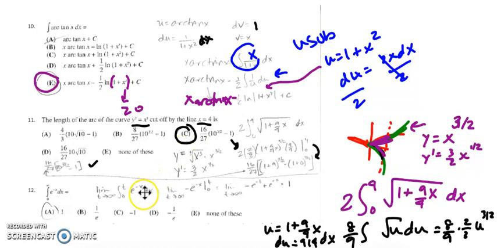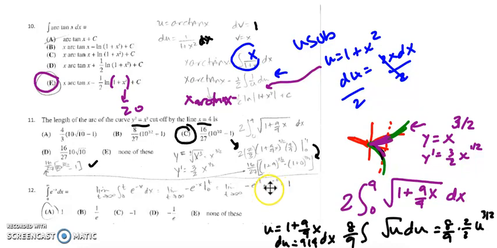So for number 12, we actually have an improper integral. So I set up the improper integral, and I'm taking the limit as t goes to infinity, with t replacing infinity as my upper limit of integration. Then I can integrate e to the negative x, which goes to negative e to the negative x. And evaluating that from 0 to t, I get negative e to the negative t minus a negative, so plus e to the negative 0.